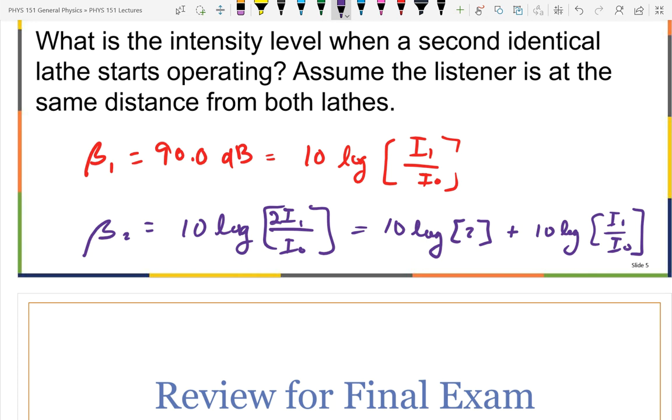Well, we do all know that 10 log of intensity 1 over intensity 0 is what we started with. So that was my 90.0 decibels.